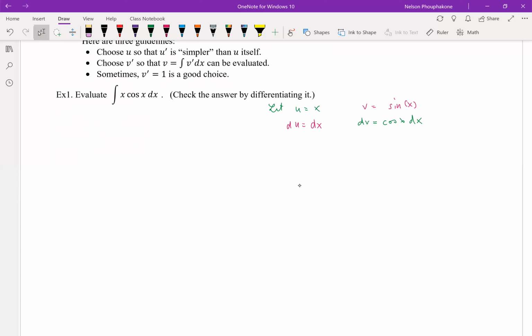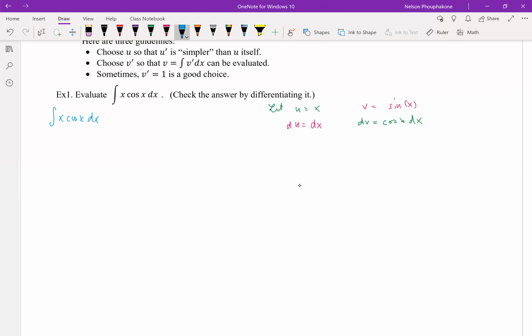One thing about this is that we let u so that u prime is simpler than u itself, and we let v prime so that we will be able to find v. Now let's work out the problem. Remember, we would like to integrate x cosine of x dx.